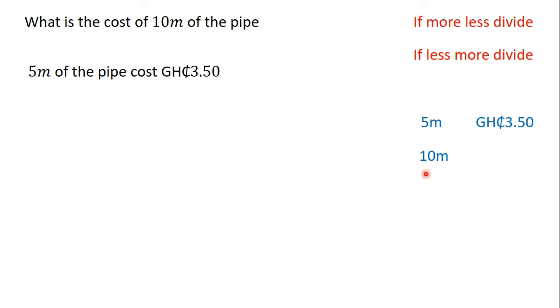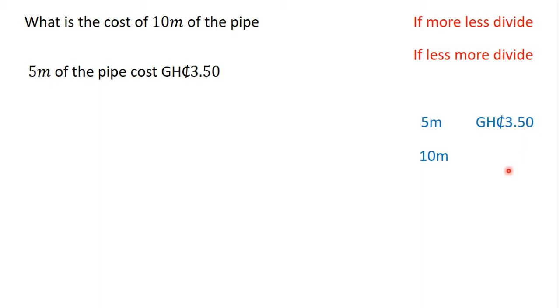Now you ask yourself, if 5 meters cost 3 Ghana cedis 50 pesos, then 10 meters, will it cost more or less than 3 Ghana cedis 50 pesos?